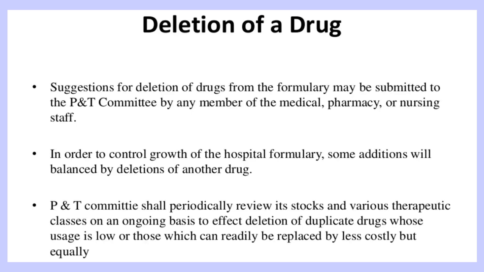So those are duplicate drugs. So they belong to the same class. They have the same safety profile, same cost effectiveness, same kind of quality, same effectiveness. Everything is same. So those are duplicate drugs. We need not have two drugs which are having the same profile, right? So they will be deleting the duplicate drugs.